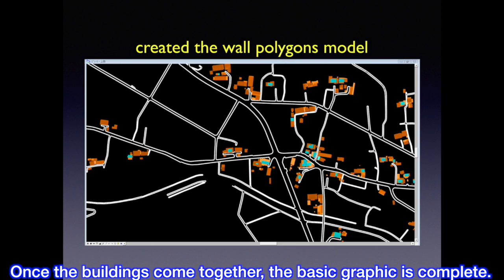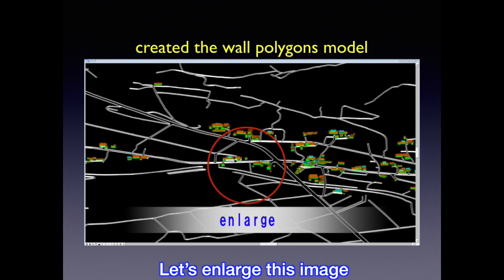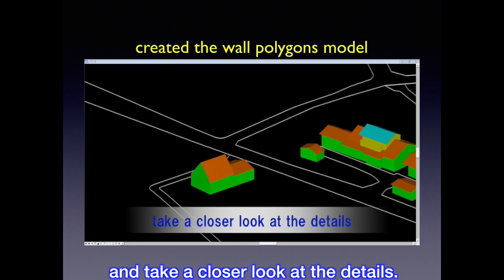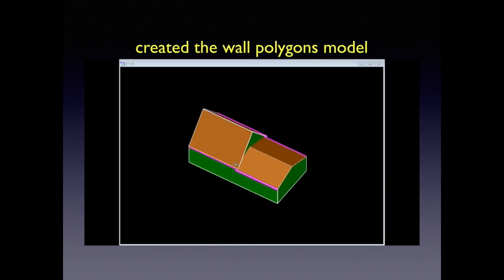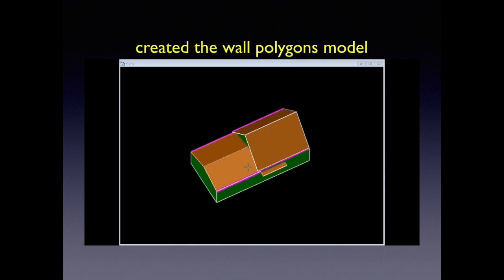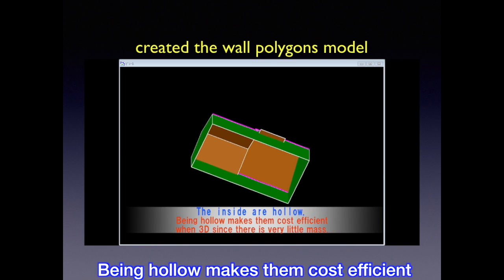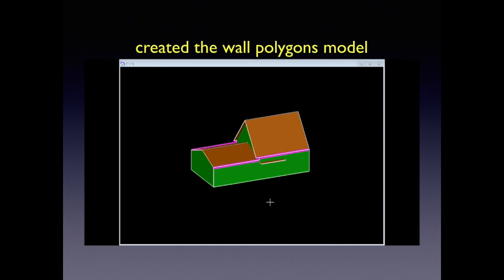Once the buildings come together, the basic graphic is complete. Let's enlarge this image and take a closer look at the details. The insides are hollow. Being hollow makes them cost efficient when being printed in 3D since there is very little mass.